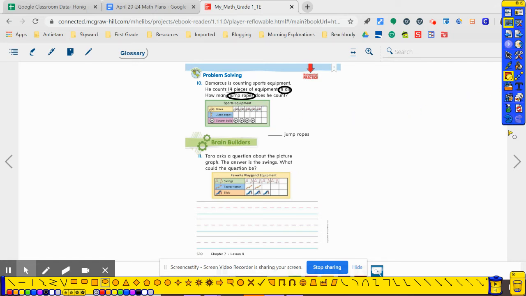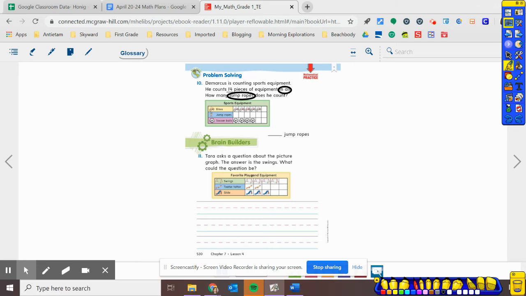So circle those two important sets of words. And now we need to kind of talk this through because it's not as simple as it might seem. First, we need to check to see how many pieces of playground equipment are already on our chart. So I want you to count them now. How many bikes and how many soccer balls all together? Count up how many pictures you see on your graph all together right now and write that number over here.